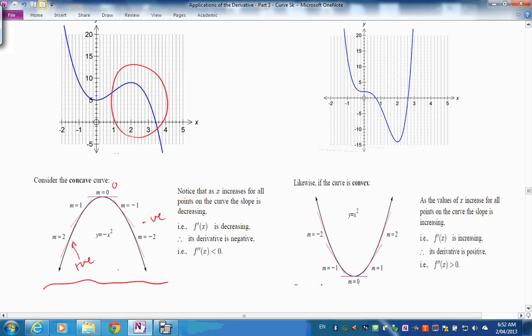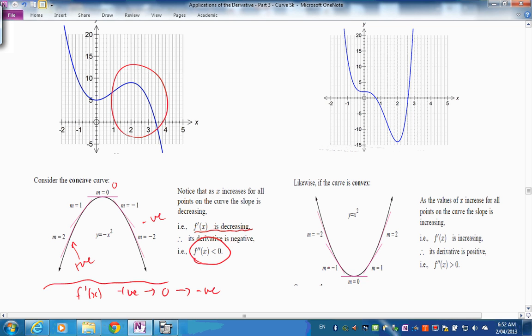So actually what's happening is the value of the derivative, f dash x, is going from positive to 0 to a negative. That's said to be decreasing mathematically. So here, f dash x, the slope of the tangent, is decreasing. Therefore, in this region, the second derivative is less than 0.